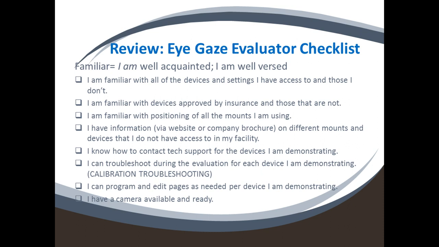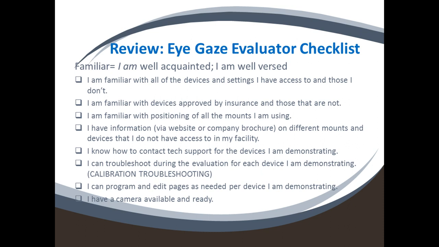Know how to troubleshoot during calibration. 90% of the time, if you feel like, well, it didn't work, there's a reason why it's not working, and it could be something that has nothing to do with the person's eyes and everything to do with your ability to calibrate or troubleshoot during calibration, make changes to the way that the device is calibrating, or use the tools that are built in.